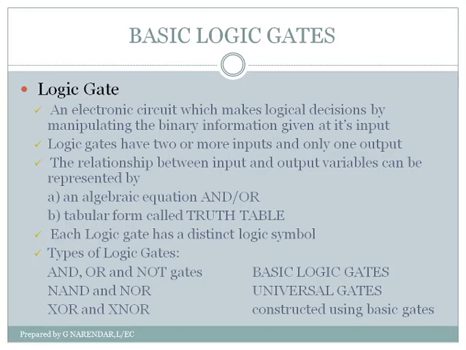And so what are the various electronic circuits that can make logical decisions? What are the various types of logic gates that we have to build digital circuits? So here goes the list.